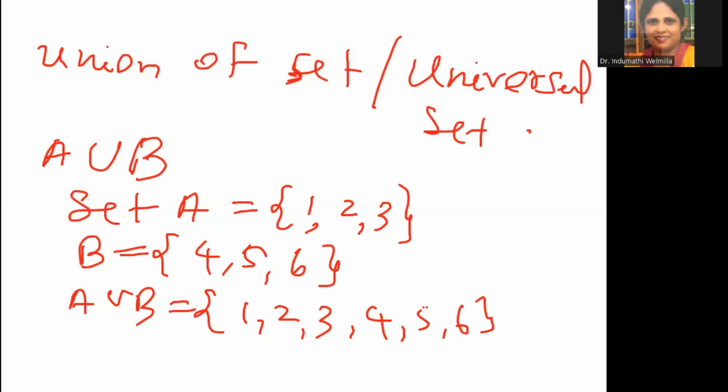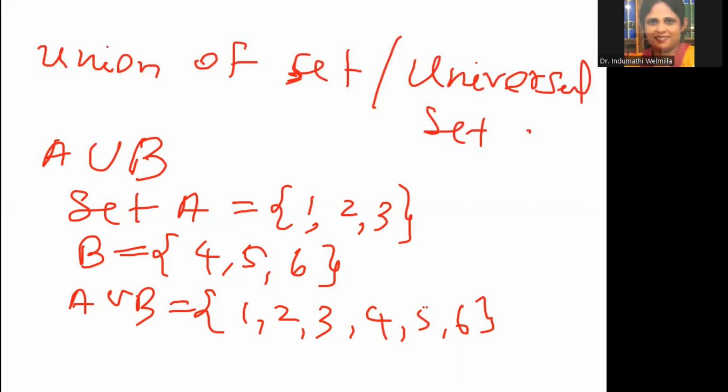And as we know, the universal set is a set which contains all the elements relevant to a certain condition. So it is the set of all possible values.